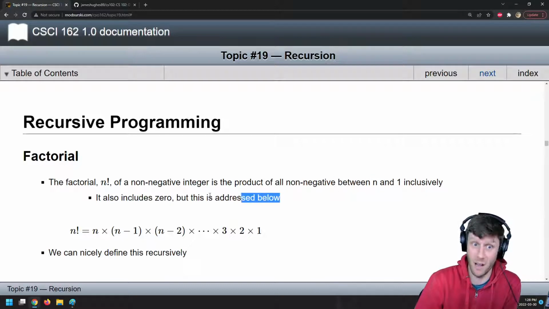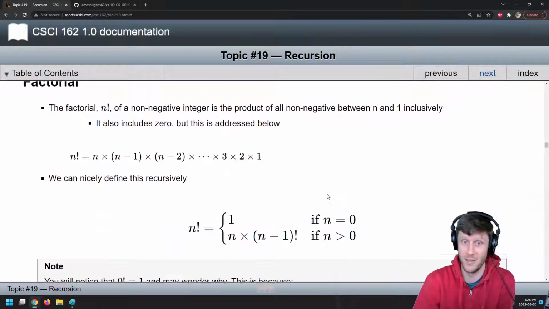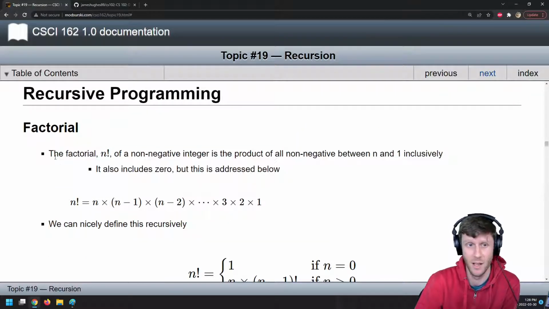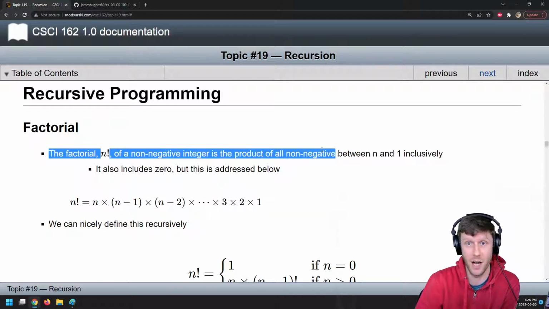Man, there are a lot of issues in this page that could be PRs submitted for. Man, there's a lot of points people can make towards their Snickers in this one. The factorial of a non-negative integer is the product of all non-negative integers between n and 1 inclusively. It also includes 0, but this is addressed below.